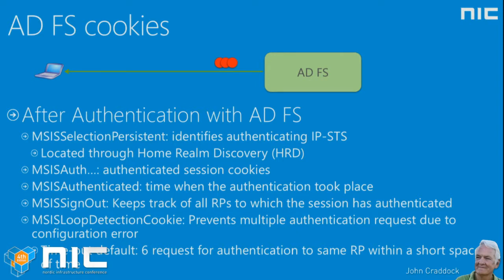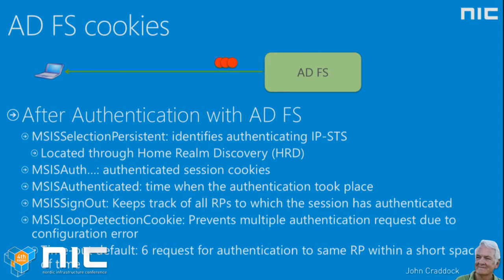There's another cookie which is MSIS authenticated, which gives us a time and date of authentication. We've got an MSIS sign out cookie, and what this does is it collects together a note of all of the relying parties we've hit.